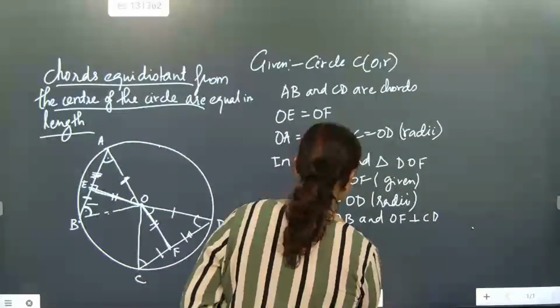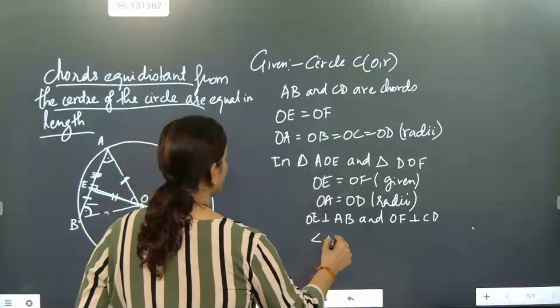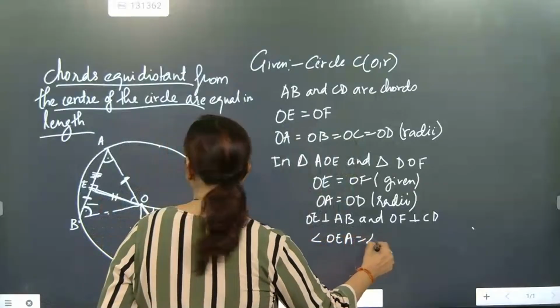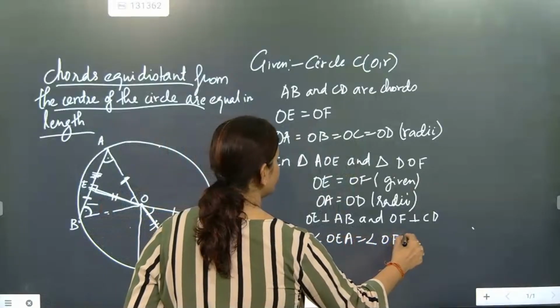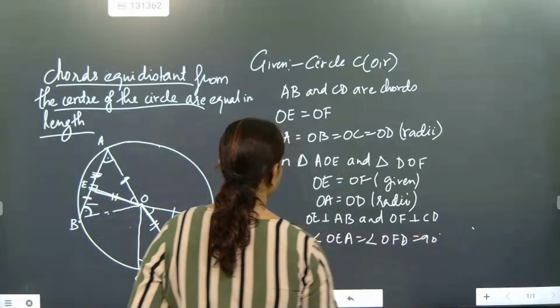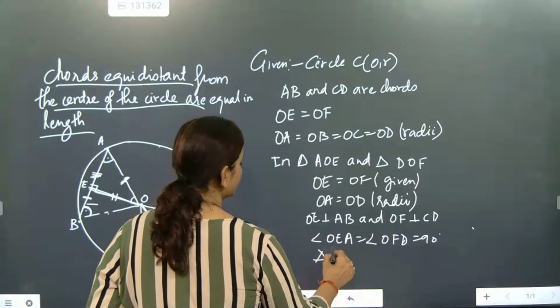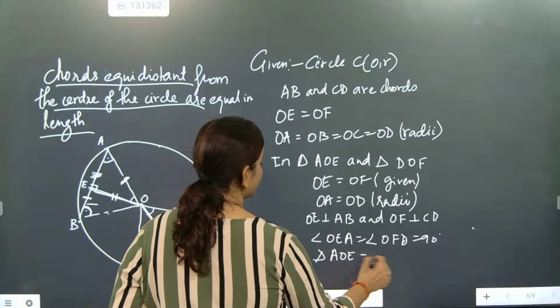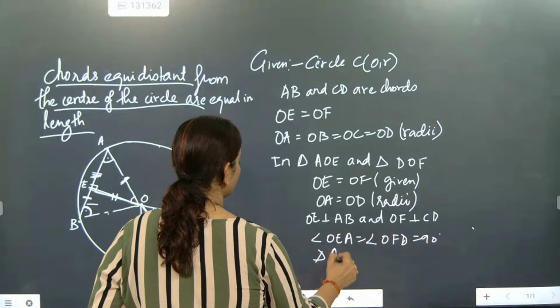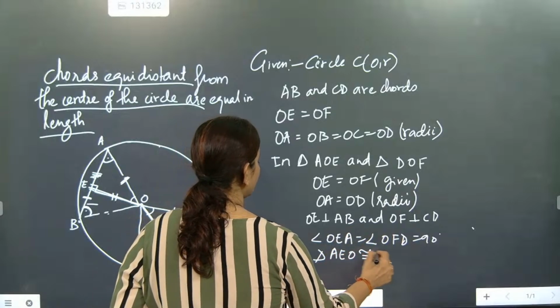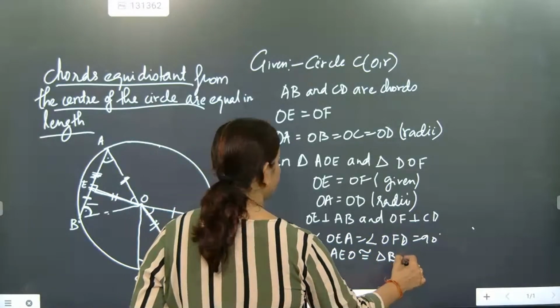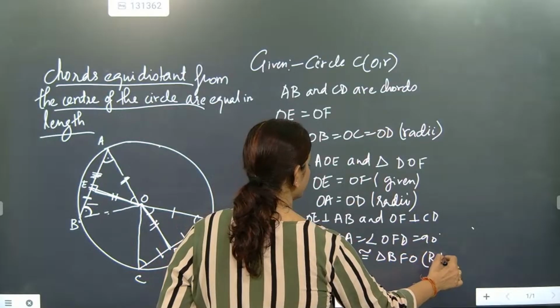So if you take like this, then angle OEA is equal to angle OFD is equal to 90 degree. Then they both will be exactly, triangle AEO is congruent to triangle DFO by right angle hypotenuse side.